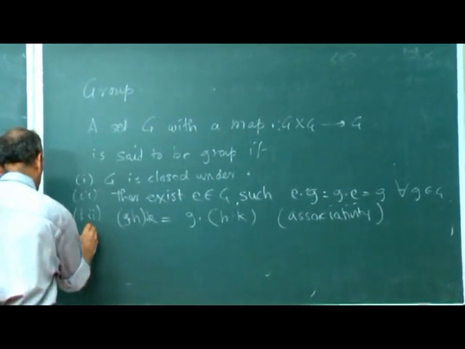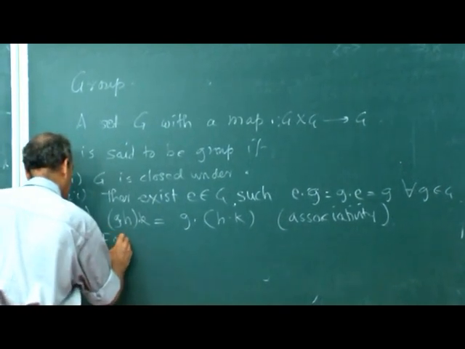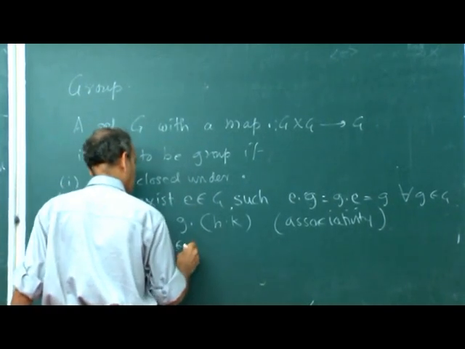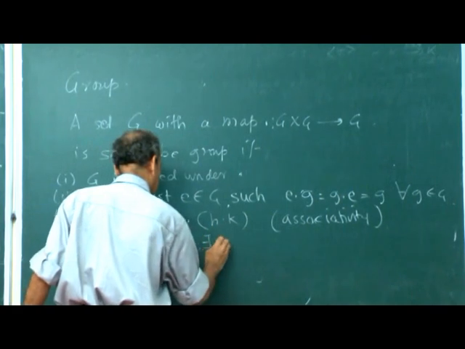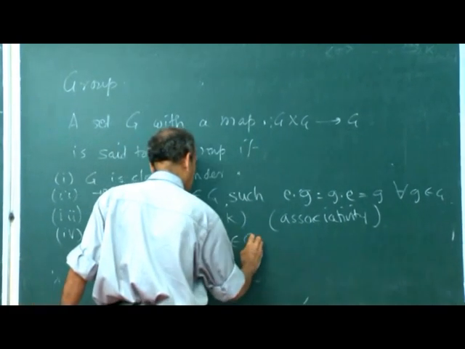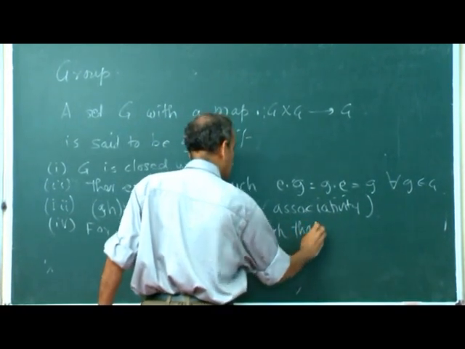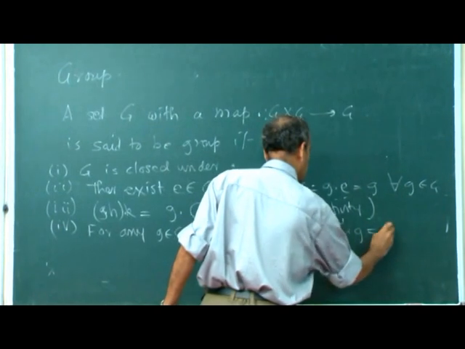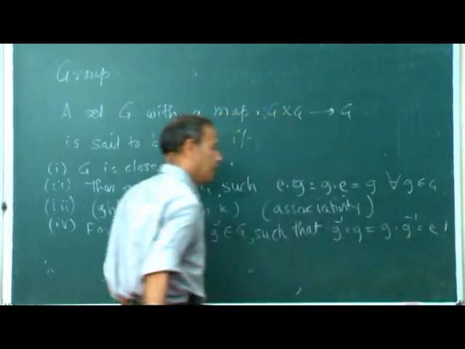And fourth is the existence of inverse: for any g in G, there exists g inverse in G such that g inverse composed with g is the same as g composed with g inverse, equal to the identity.